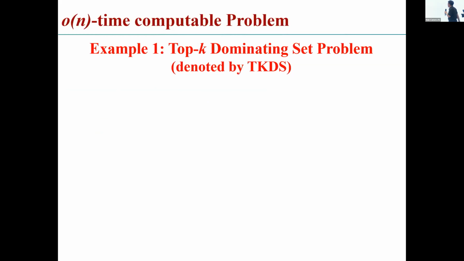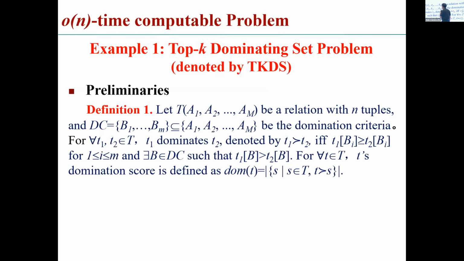Now I give some examples. The first example is a sublinear time computable problem. Let's say, this is the top-K dominating set problem, denoted by TKDS. Okay, we need a definition. Let T(A1, A2, ..., AM) be a relation with n tuples, and DC equal to B1, ..., BM that belongs to A1, A2, ..., AM.